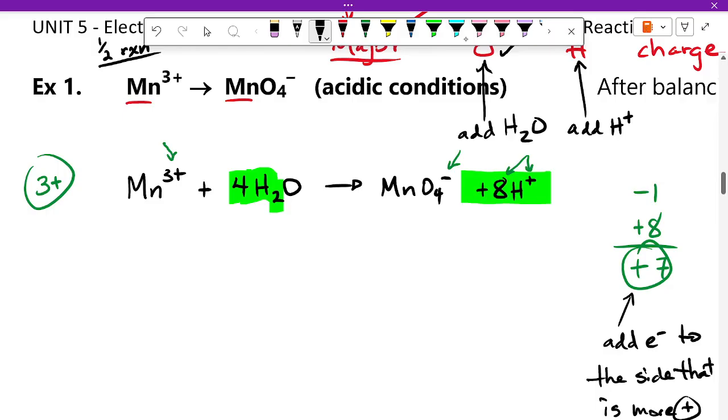We need to add 4 electrons. And that will bring our charge down to +3, which makes it the same as the other side. Okay? And that is a balanced half reaction.